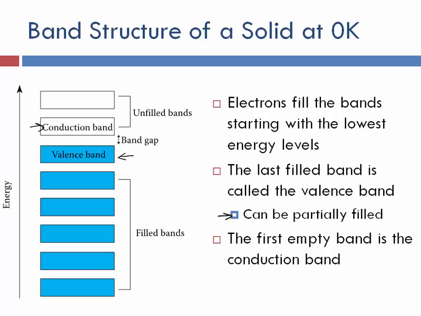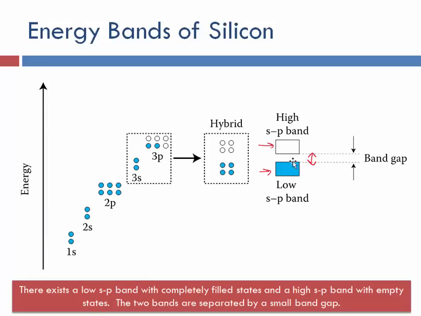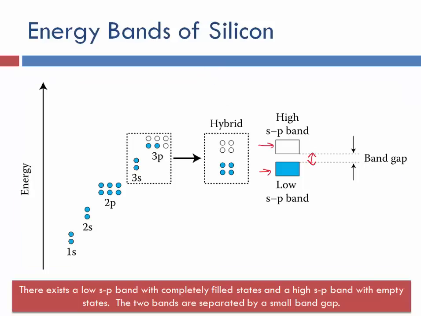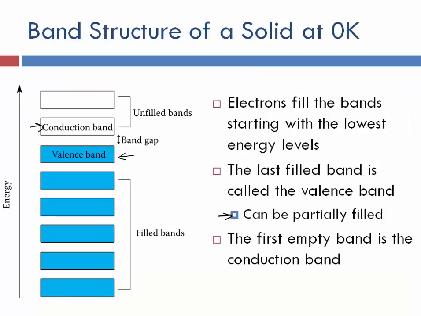If we go back to our silicon model here, we can see that this low sp band is our valence band, and here we have an empty band, our conduction band, and the distance between the valence and the conduction bands is what we define as the band gap of the material. So the band gap is this distance between the valence band and the conduction band.